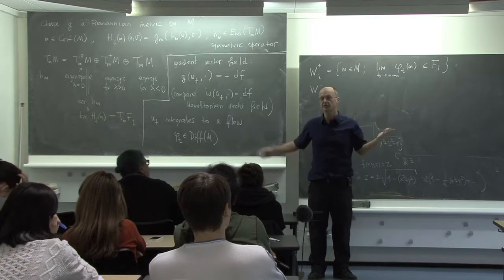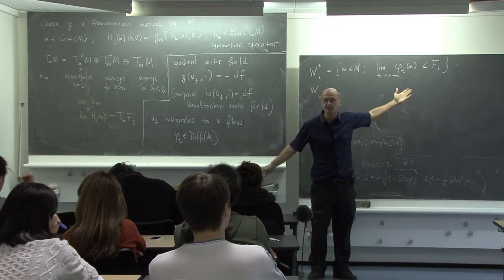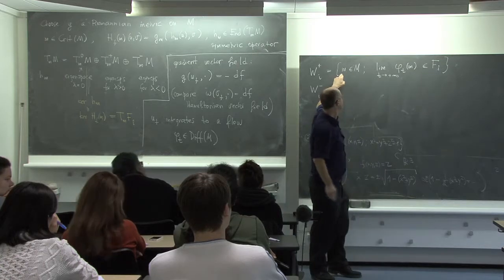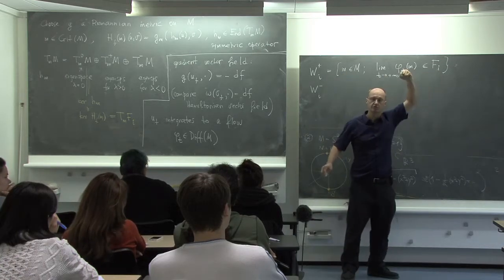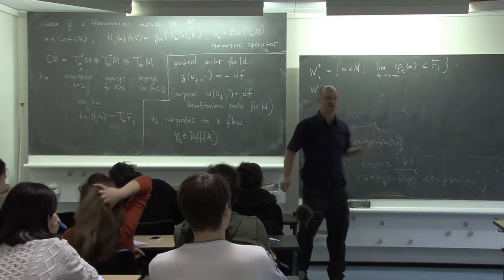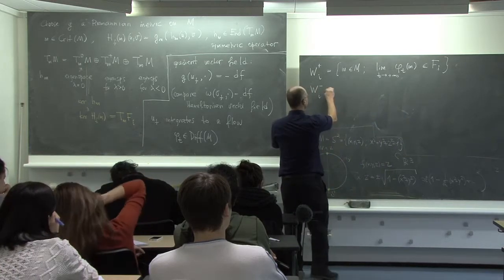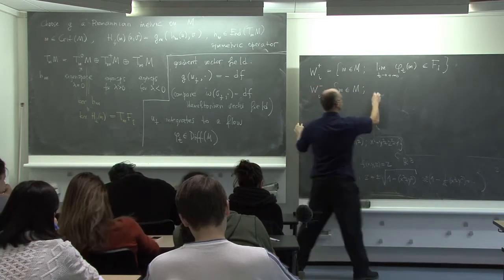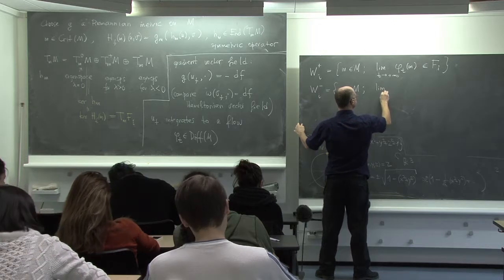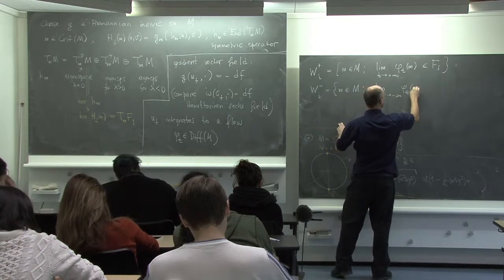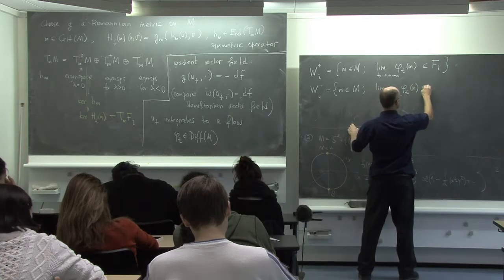So the critical point has to belong to one of the Fi's, and so I'm looking now at those m's which would converge under the gradient flow to a given Fi. And here this would be a similar definition, but now we're going to run the flow in the opposite direction.